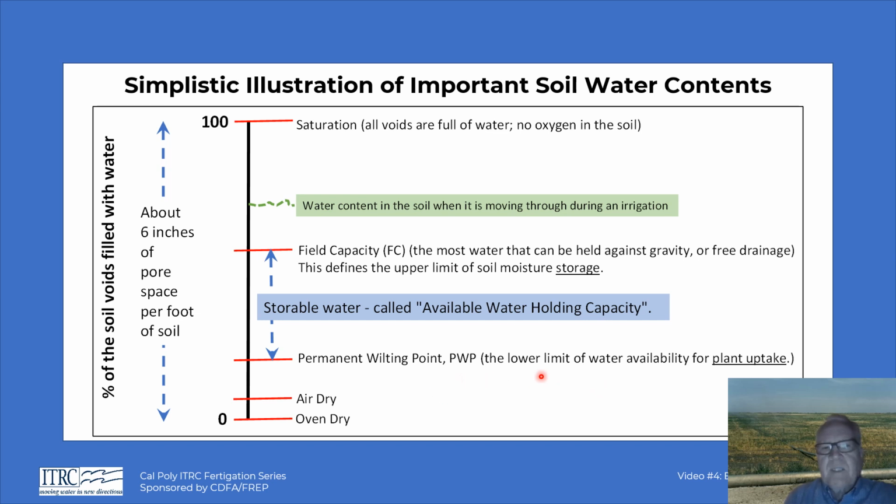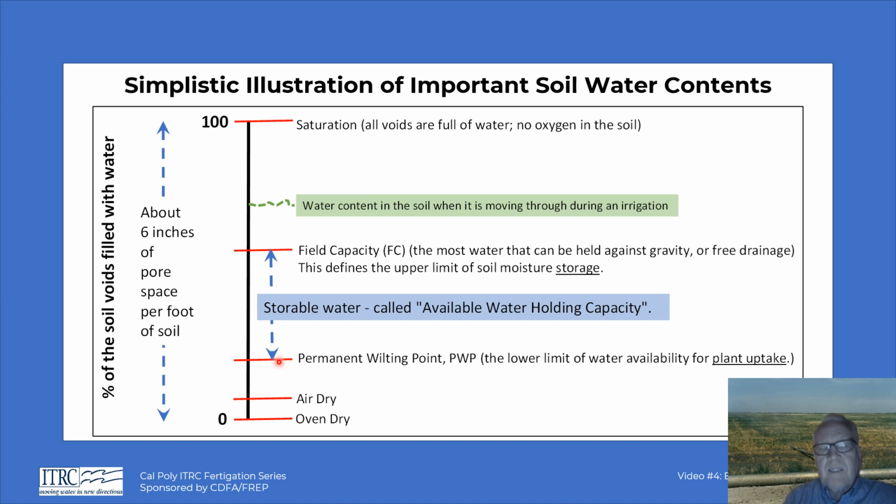And this is a point where, in theory, that's the lower limit of water availability for plant uptake. This is not storage, this is uptake. In other words, this water here is not very extensive in the soil at this point.